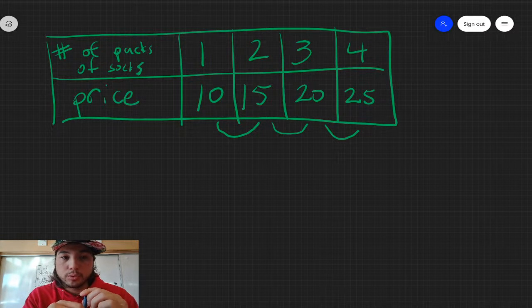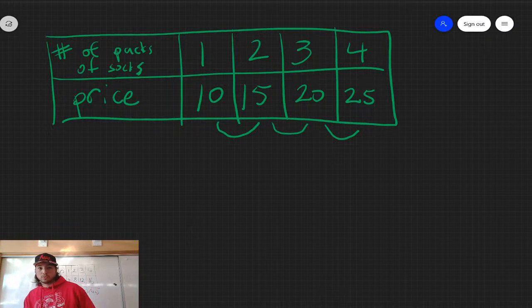Right? What's the difference between the price of 1 pack of socks and 2 packs of socks? What's the difference between the price of 2 packs of socks and 3 packs of socks?